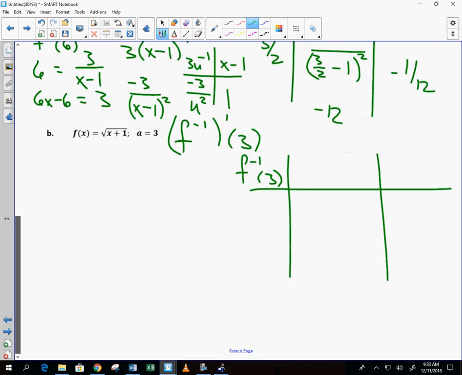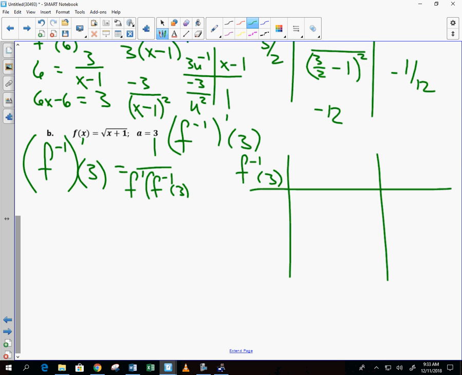So when it says take the derivative of the inverse function, that is f inverse, and I want to take the derivative of that at the point 3. And in order to do that, Grace, what I do is 1 over f prime of f inverse at 3. That is that. That better?